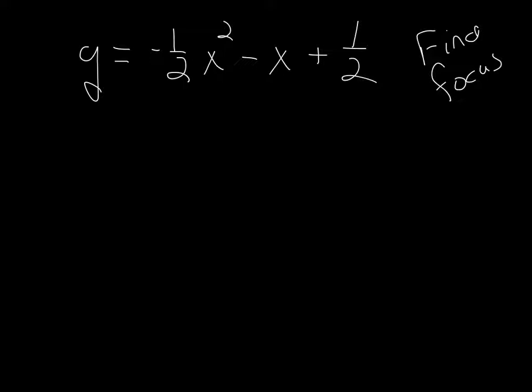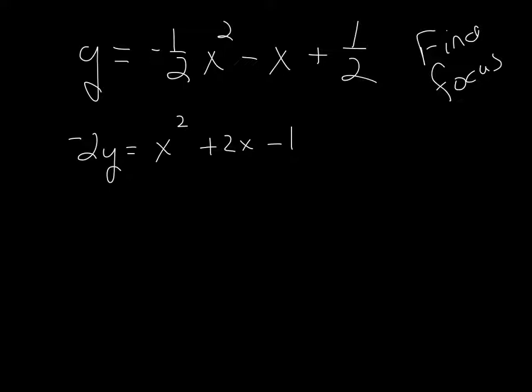The first thing we need to do in order to find the focus, so that we can get it in standard form and tell what the vertex is and what p is, is complete the square. In order to complete the square, the squared term needs to have a coefficient of 1. So I'm going to multiply everything by -2. So I have -2y equals x squared plus 2x minus 1.